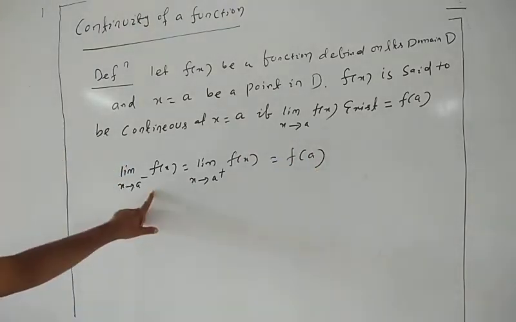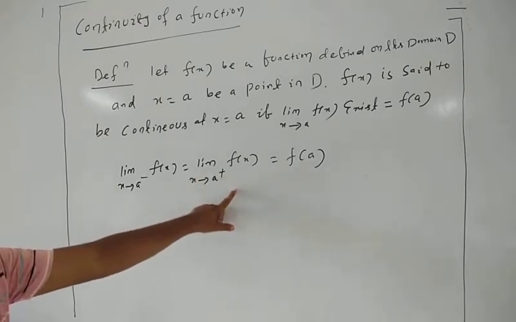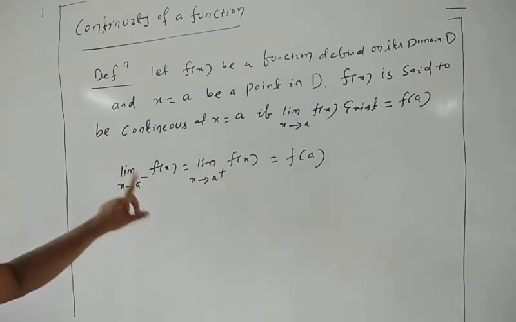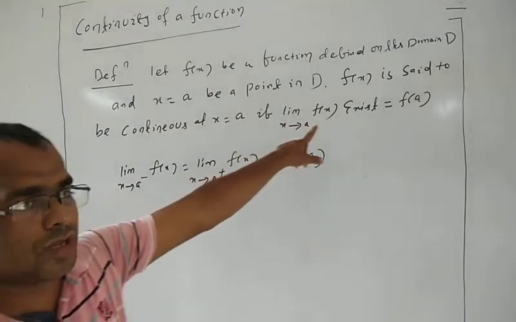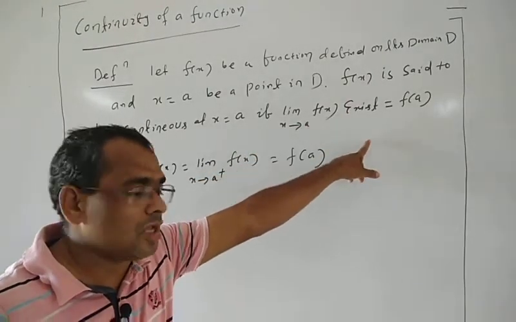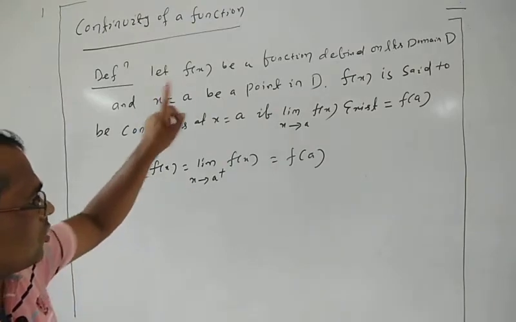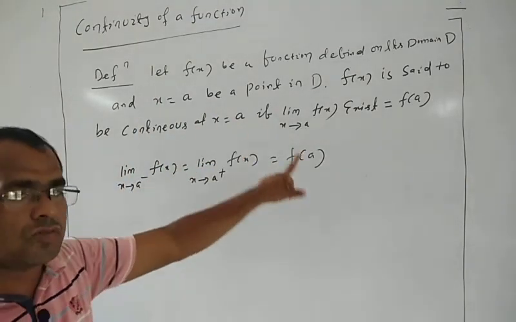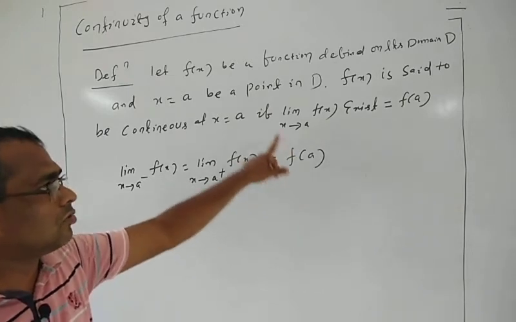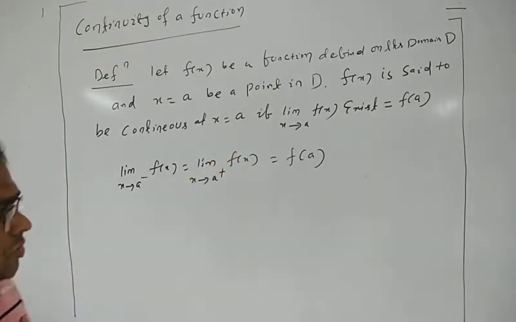So this is known as the left hand limit and this is known as the right hand limit. If the left hand limit is equal to the right hand limit, then we say the limit as x tends to a of f(x) exists. So for continuity, the left hand limit is equal to the right hand limit is equal to the value of the function, then we say f(x) is continuous.